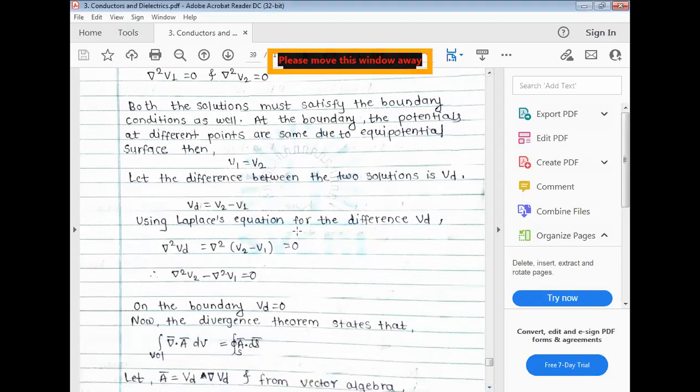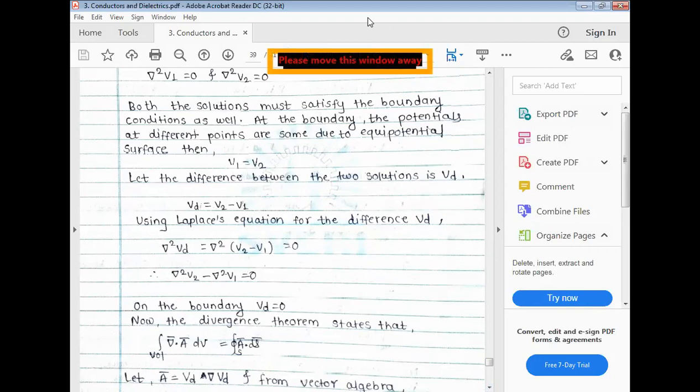Now using Laplace's equation for the difference Vd, del square Vd is equal to, okay, so we have to use Laplace's equation for this difference. Laplace's equation is del square V is equal to 0.